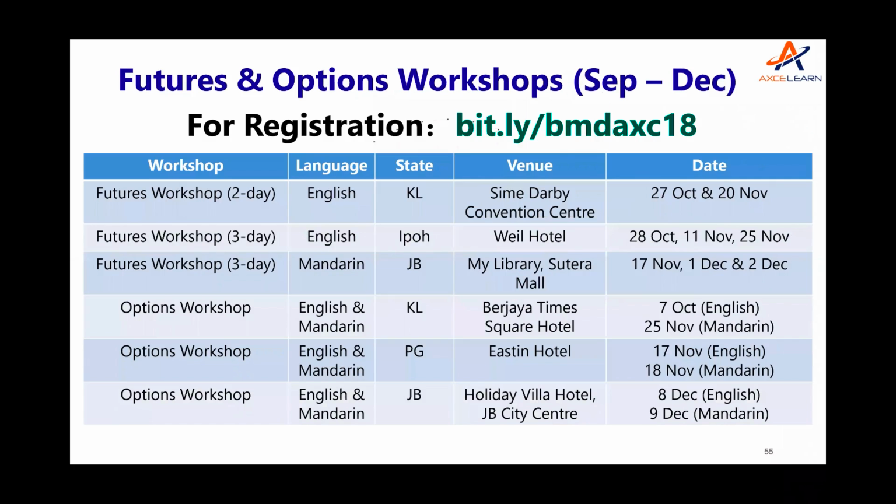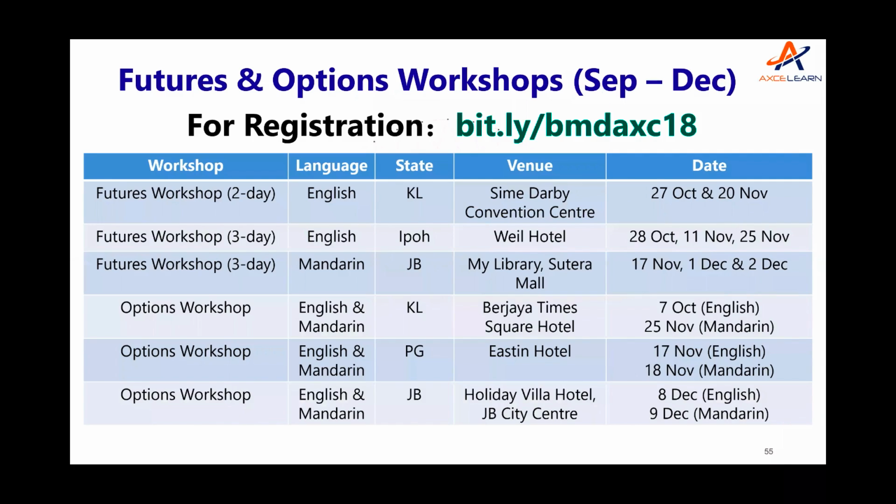Now, for the rest of the workshops, if you are coming from a respective state, for example, you are in Ipoh, there's an English 3 days class. If you're in JB, there's a Mandarin 3 days futures workshop. For those who want to understand options, there are option workshops available for you as well in KL, Penang, JB, for both languages, English and Mandarin. You can follow the dates that you want.